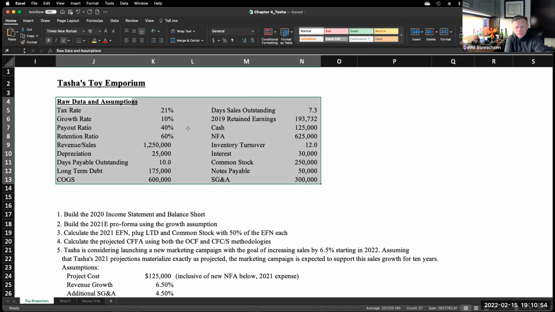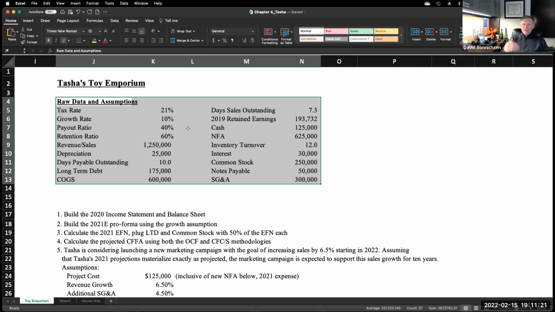Days sales outstanding. Days sales outstanding, exactly. Because that's telling us how many days it's taking us to collect our money, right? And if we're talking about collecting cash, conversion to cash, that relates specifically to accounts receivable.